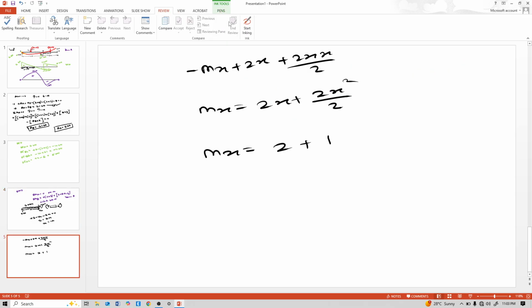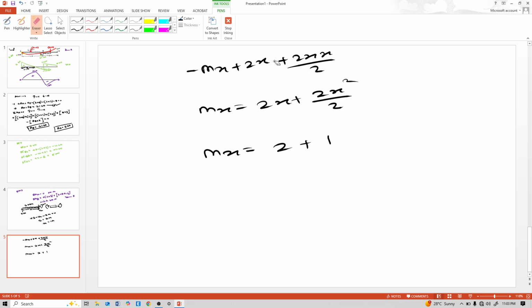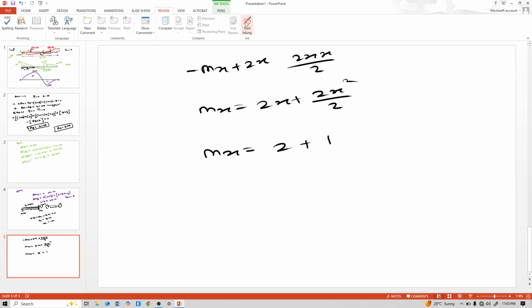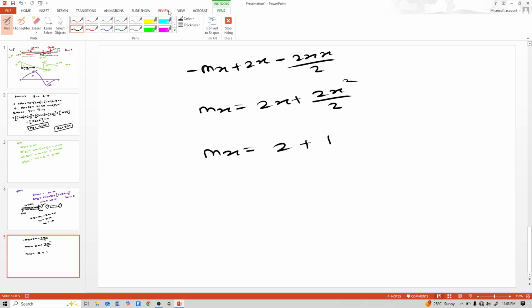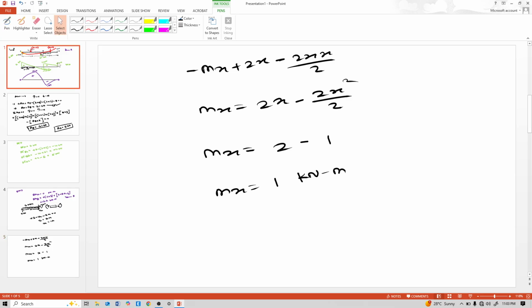So here this is minus. Remember where mistakes happen. And this is minus. So Mx is equal to 1 kilonewton meter. This is maximum moment.